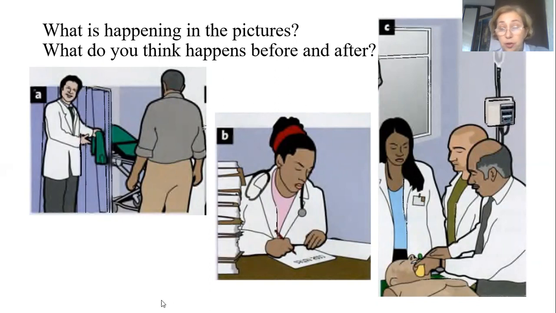In picture B, let's listen to Ahmad. What is happening in this picture? In picture B, there's a doctor writing down some patient information, medical information, and I think she's transcribing it from another paper. What do we call this paper with the information about the patient?